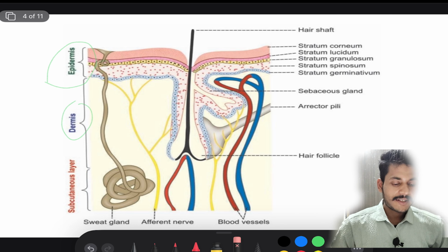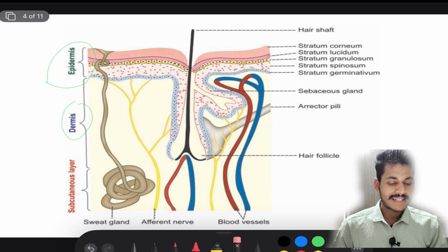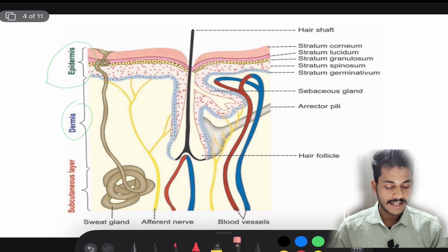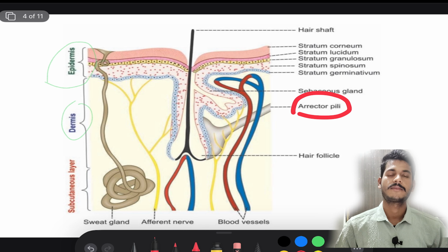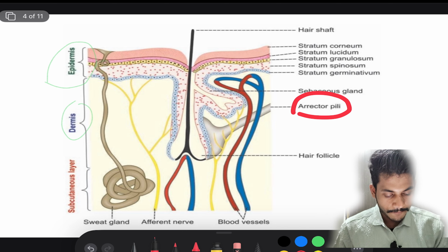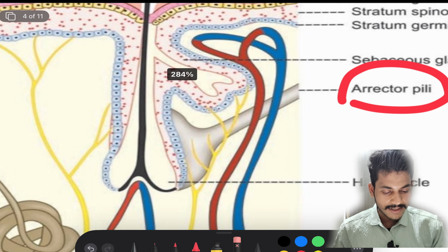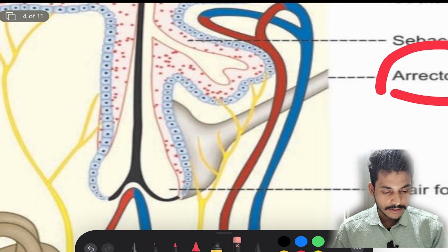Now, apart from the sebaceous gland, you see there is the presence of one special muscle, called the erector pili muscle. You are seeing that these muscles have nerve endings.